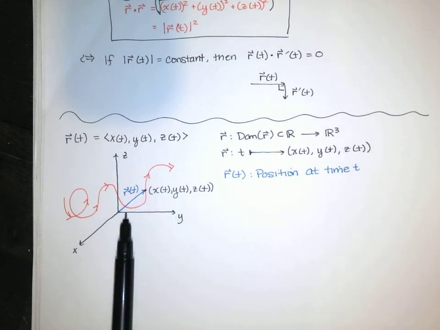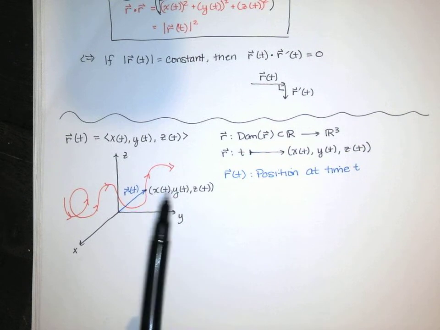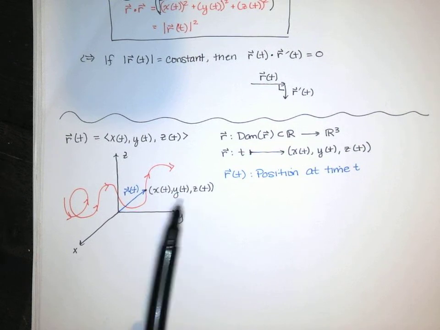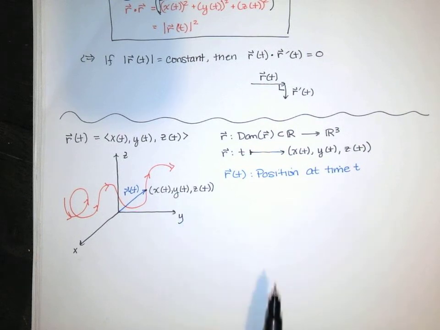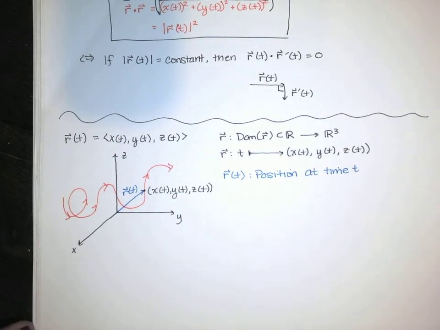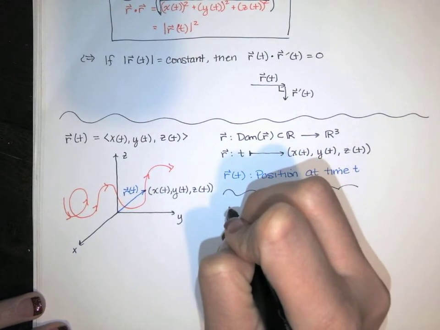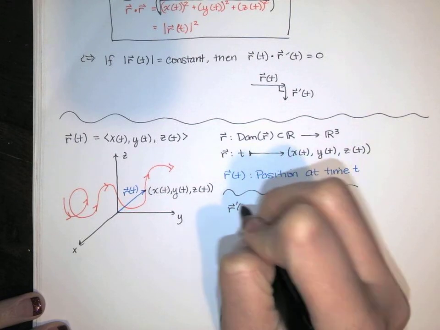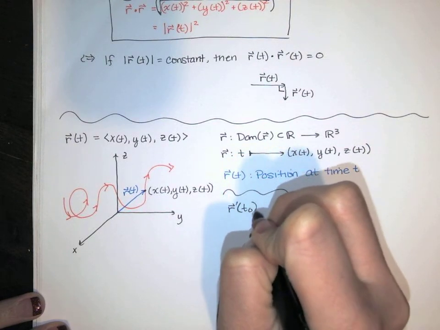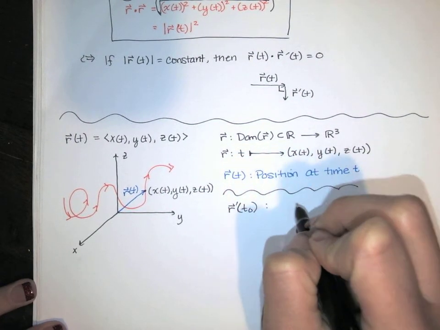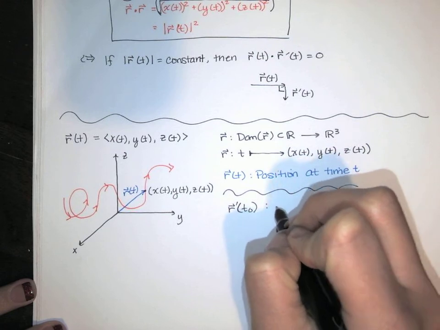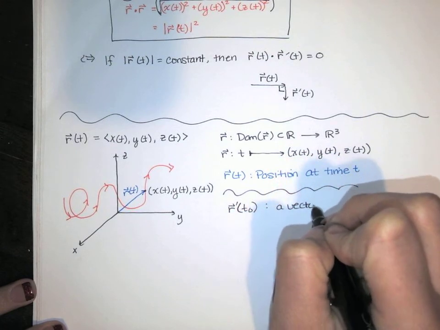And r of t is a vector that starts at the origin and points to that location and tells you where you're at. So it is the you are here vector. Okay, now we said in the last couple of videos when we talked about differentiation that r prime of t, let's say r prime of t naught, is tangent to the curve. So it's a vector tangent to the curve.